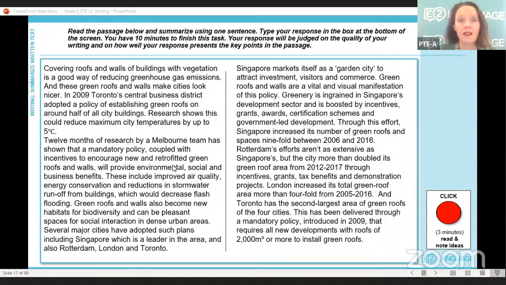Notice the walls, we've got the S. Yeah, nice. So very interesting that Vishaka has actually picked up on the social aspect, which is written in the text, how it can help make it more pleasant in city areas. So there's no one way, as long as you're getting main ideas and you're explaining them in a sentence, that's great. Excellent work.